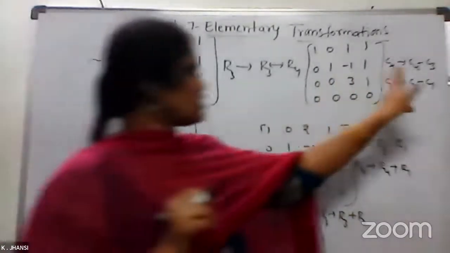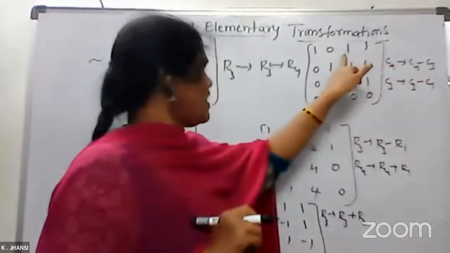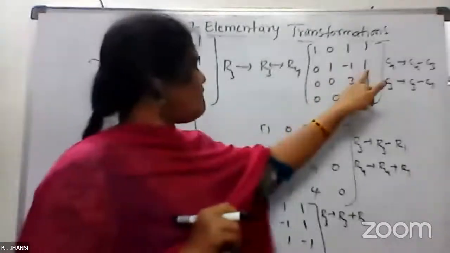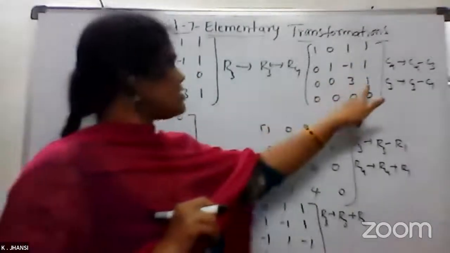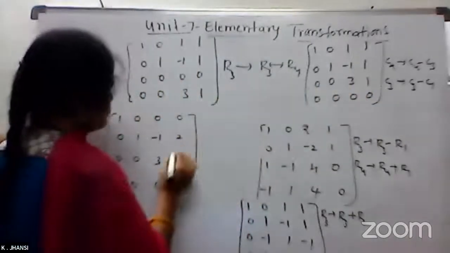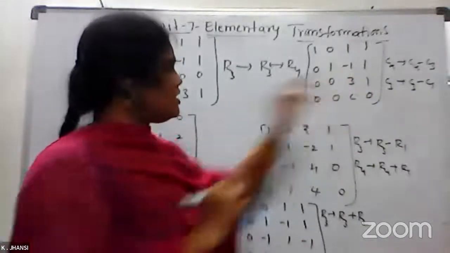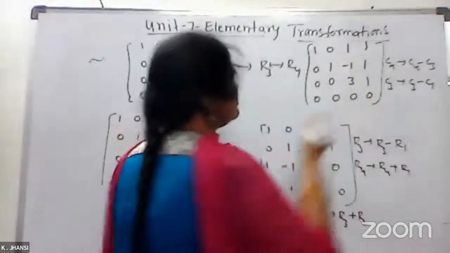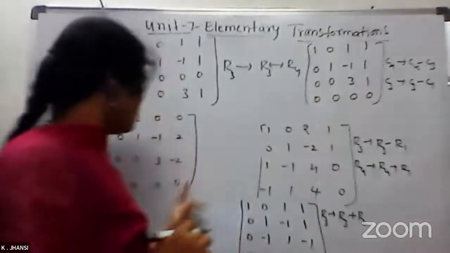See, once again check this one. C4 you are doing as C4 minus C3. So 1 minus 1 is 0, 1 minus of minus 1, so it will be 2. Next 1 minus 3 means we will get minus 2. 0 minus 0 is 0.